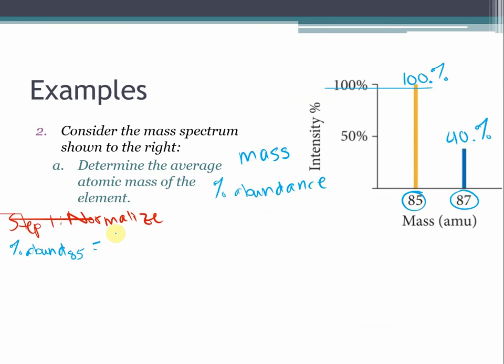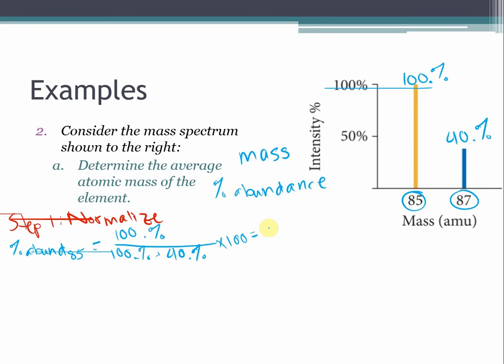So we'll do 100 point percent over the sum of all of the intensities, so 100 point percent plus 40 point percent times 100. We're going to have to solve these through. We're going to do it in 2 steps to help keep track of our sig figs.